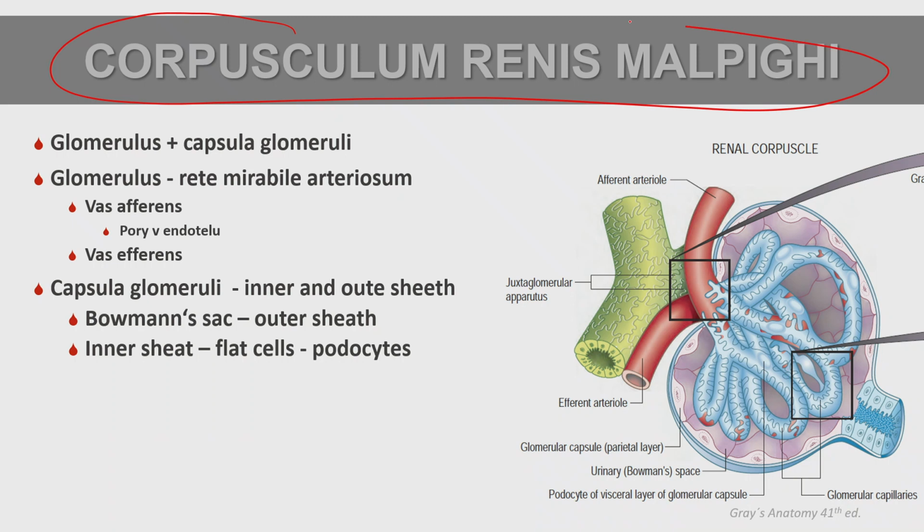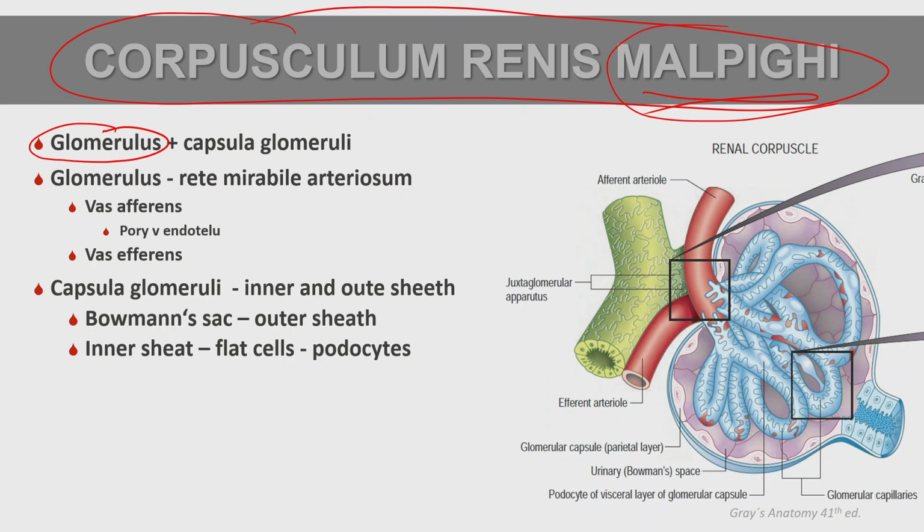Corpusculum renis Malpighi, you can see that. Malpighi, an Italian physician, has too many names in anatomy and physiology and everywhere. So this corpuscle is made from the glomerulus.